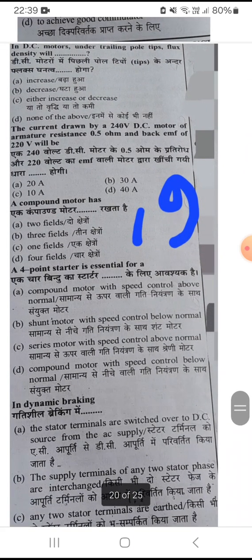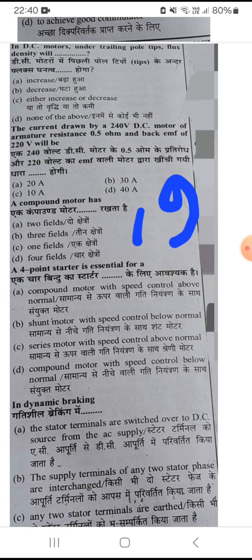In a DC motor, under trailing pole tips, flux density will decrease. Option B is the right answer. The current drawn by a 240 volt DC motor of armature resistance 0.5 ohm and back EMF of 220 volt will be, that is option D, 40 ampere is the right answer.